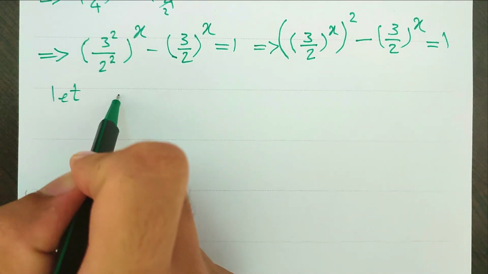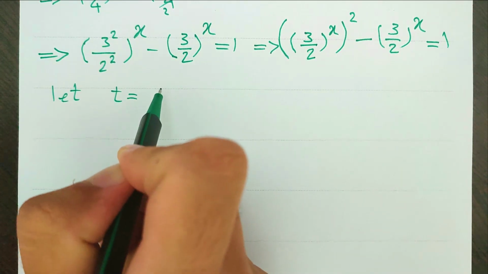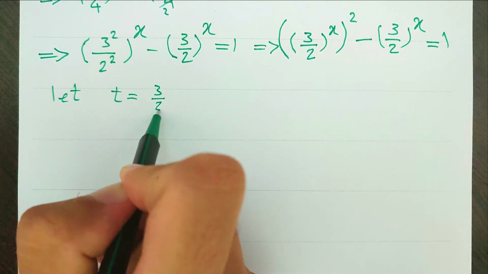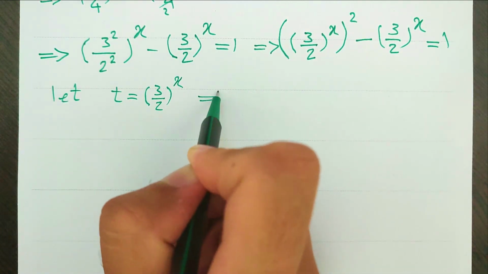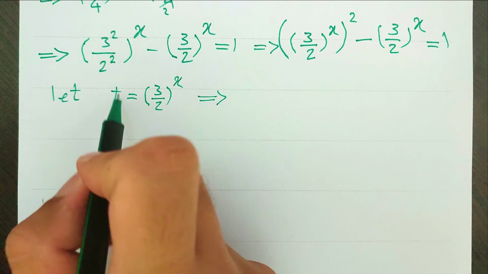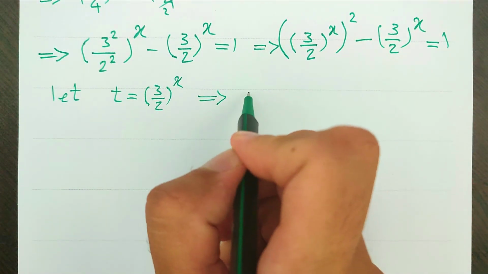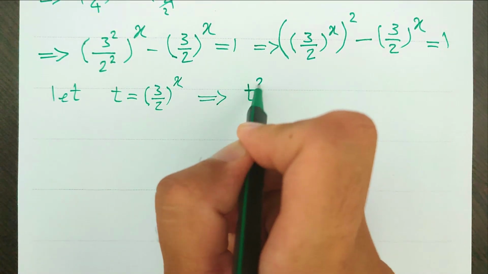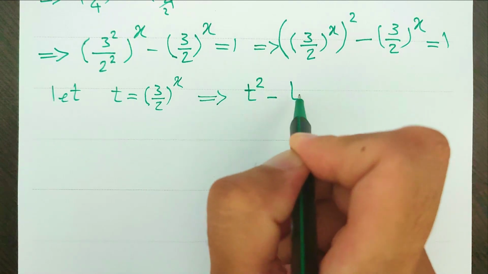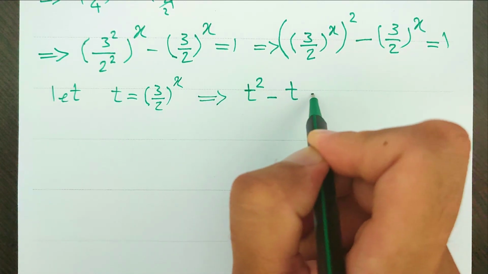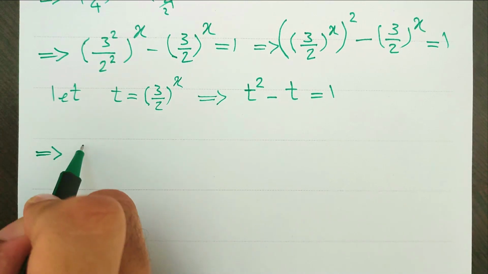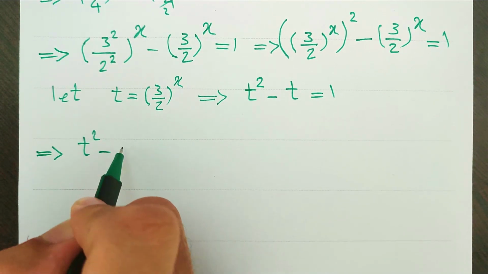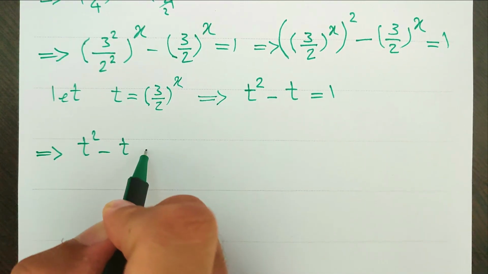Now let's suppose t equals 3 over 2 to the power of x and substitute it into the equation, which gives us t squared minus t equals 1. By rearranging, we have t squared minus t minus 1 equals 0.